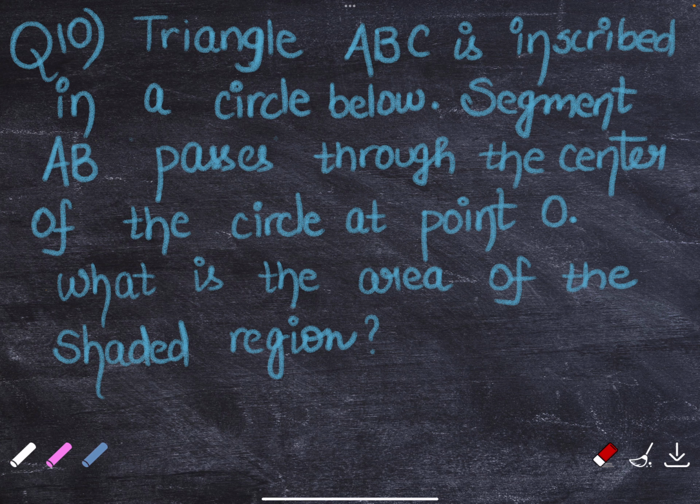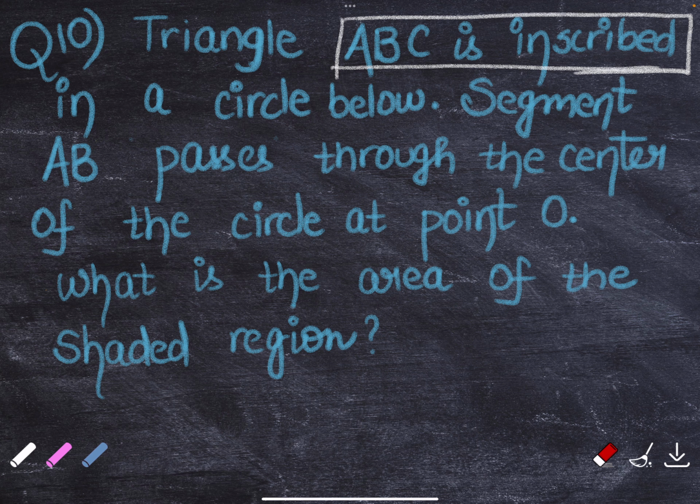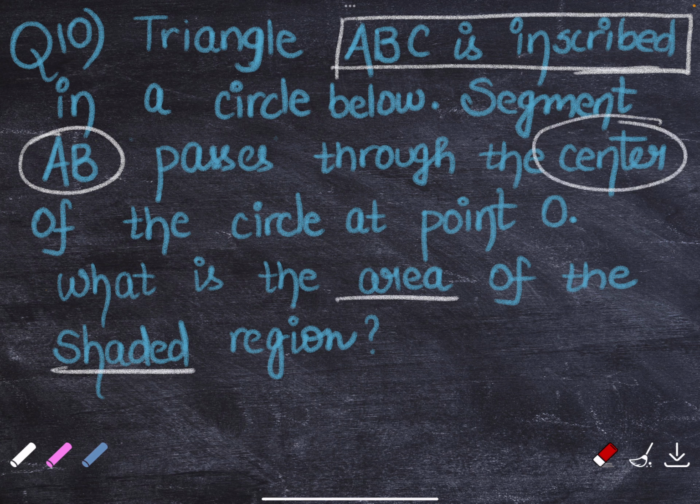Before we move on, in order to look at the diagram, let us first take a look at important things that are provided to us. Another thing is that the line segment AB is passing through the center of the circle, very important. And they're asking us the area of the shaded region, that means the region between the triangle and the circle.